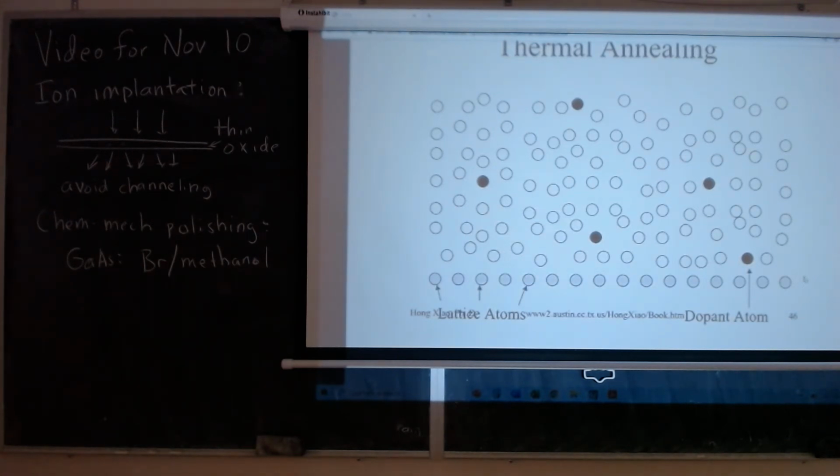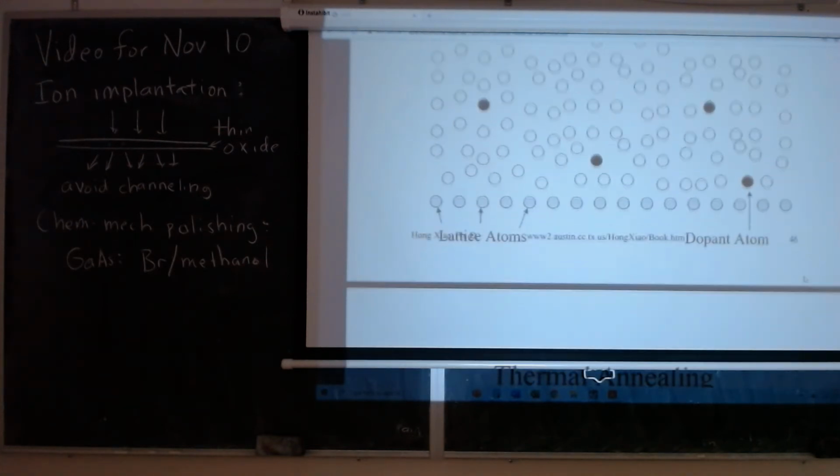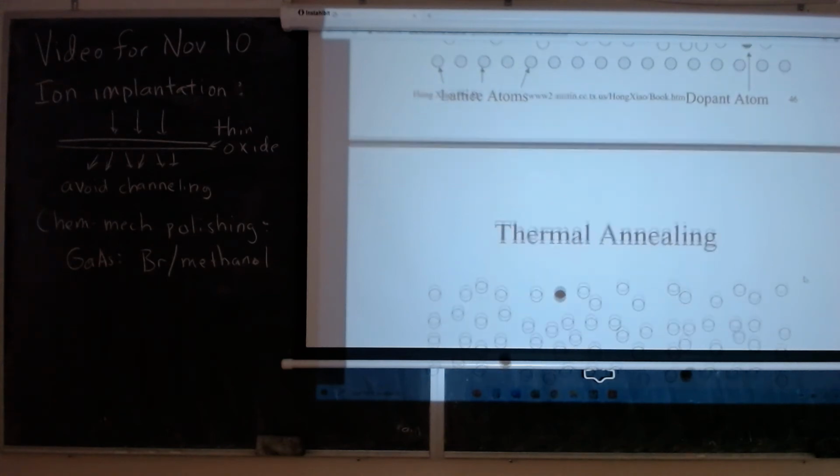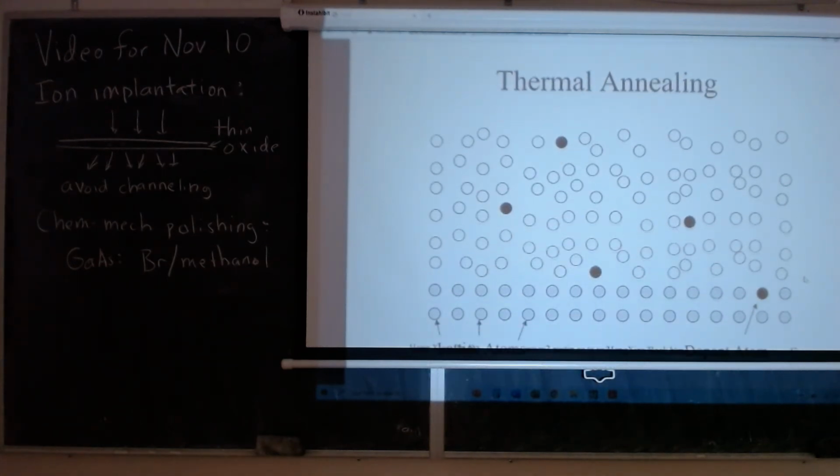What's happening in the annealing step is somewhat similar to epitaxy, in the sense that you have this fairly amorphous, implant-damaged region of the crystal above an essentially perfect version of the crystal. As you anneal, starting at the bottom, those atoms are going to go into the right position.